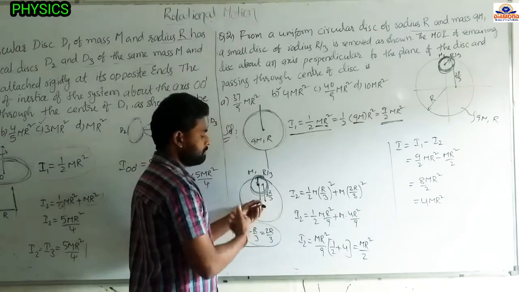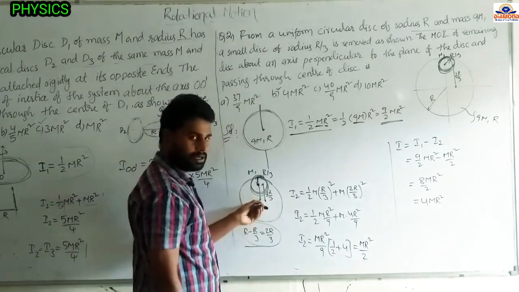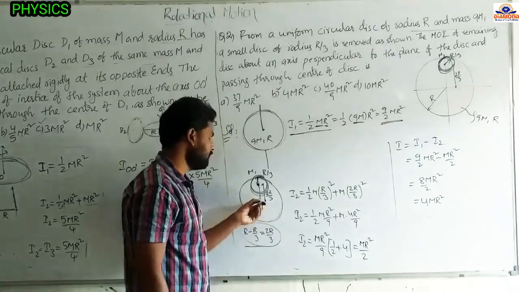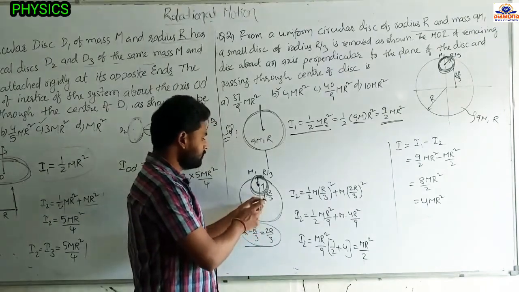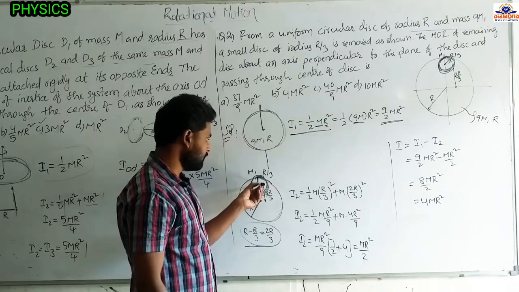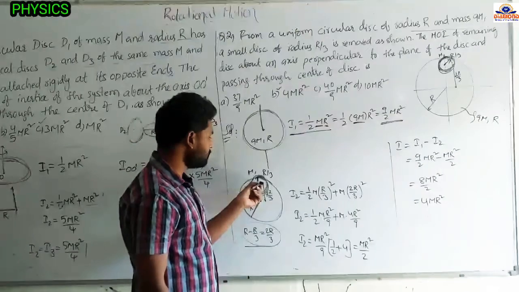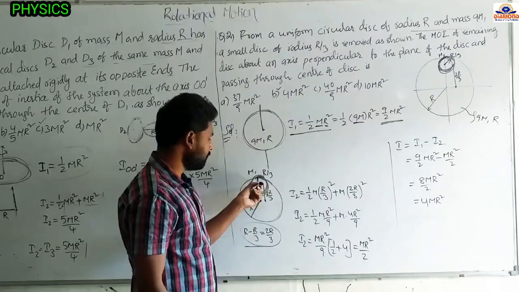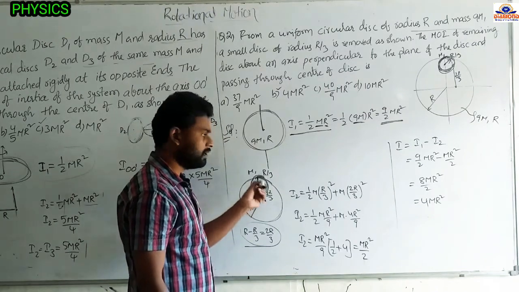Now this is the axis passing through the center and perpendicular to the plane. Parallel to this axis we draw a parallel axis here, passing through the center of the small disk and perpendicular to its plane also.